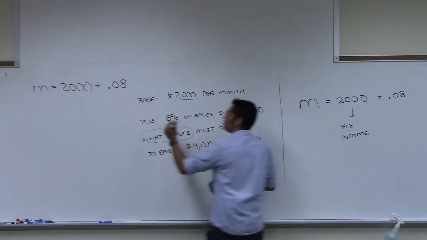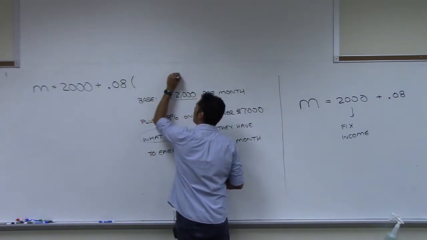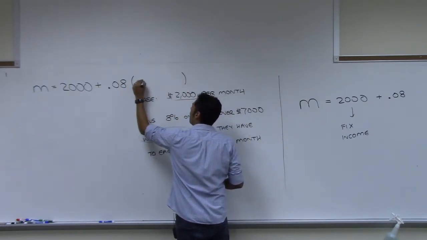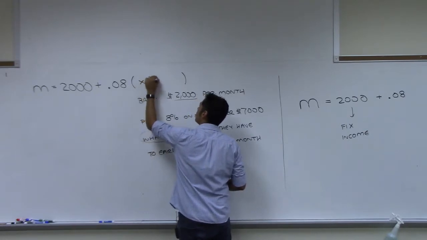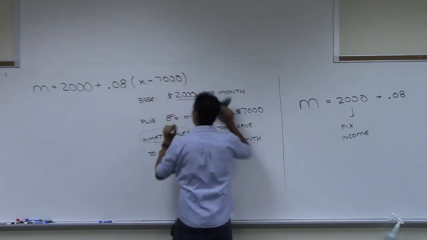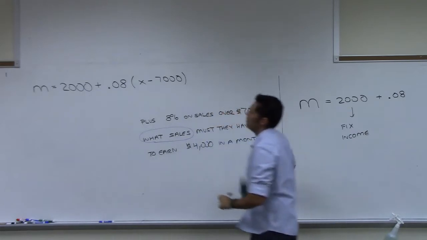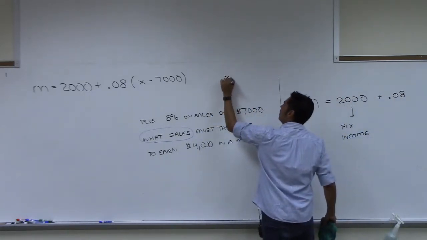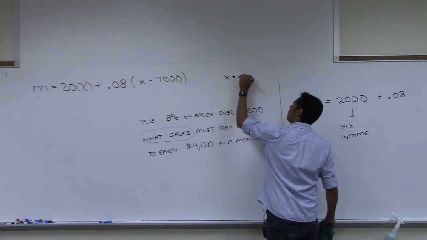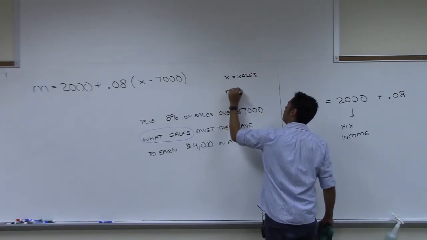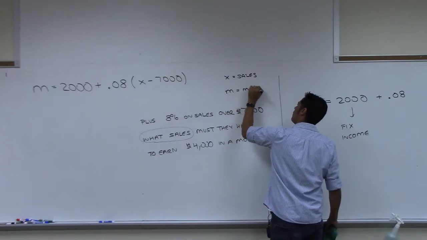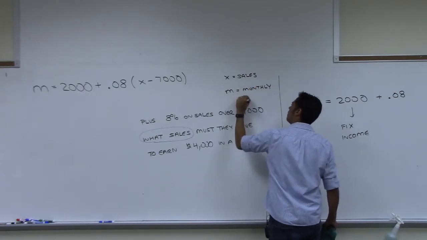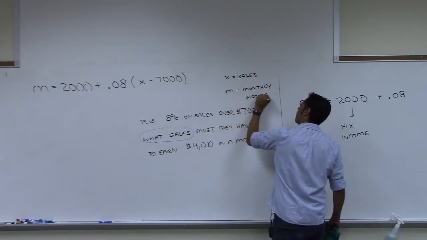So watch me write this first, and then maybe it'll make sense. X minus 7,000. There we go. Now, X here is the sales. And of course, M is the monthly income. Just so we're clear. All right.